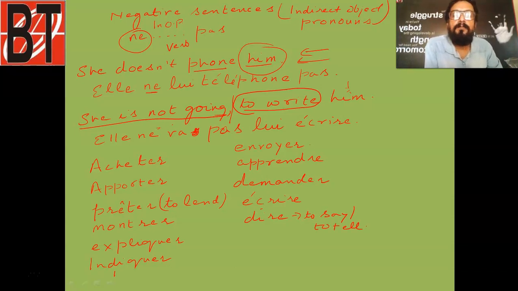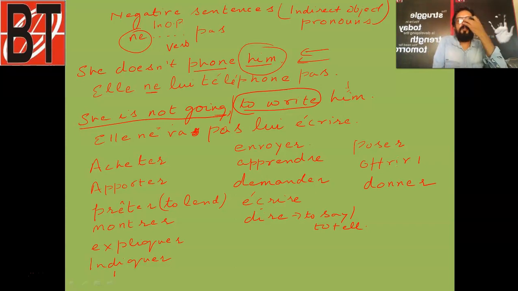Then you can also write poser. Poser का मतलब भी होता है जैसे poser une question, to ask a question, to ask. Poser, to ask. Then we use this verb offrir, to offer. Then donner.